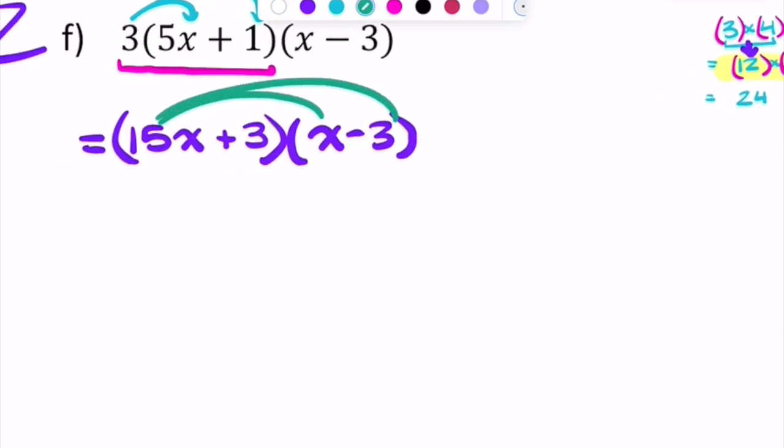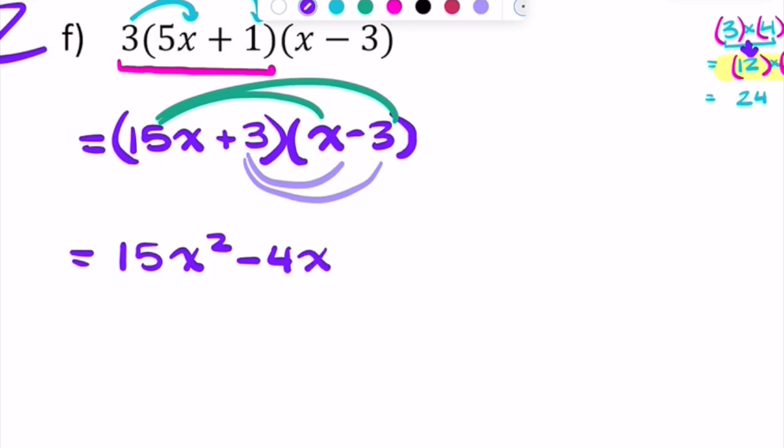15x gets distributed to everything in the second bracket, and so does that positive 3. When I do those green distributions, I get 15x squared, and I get negative 45x. When I do those purple distributions, I get positive 3x and negative 9.